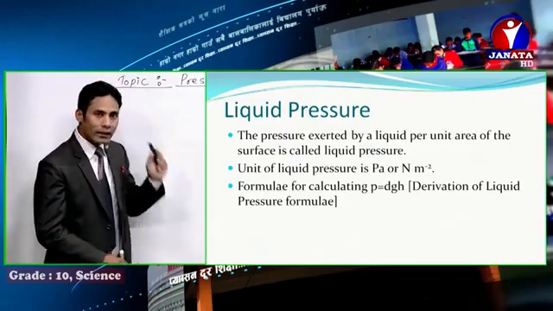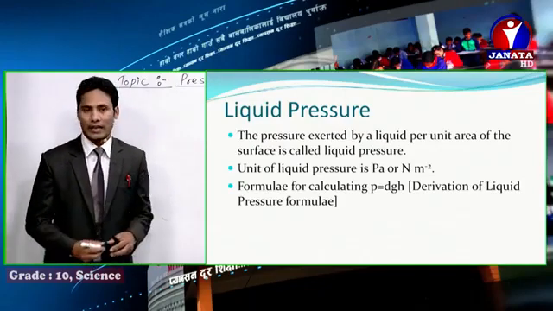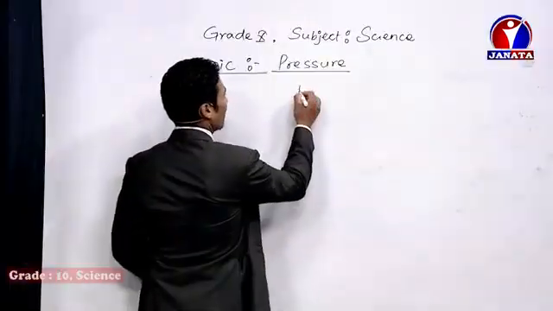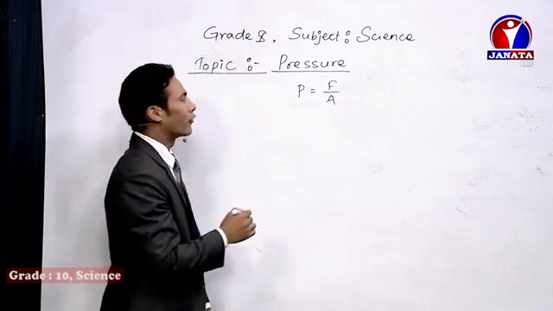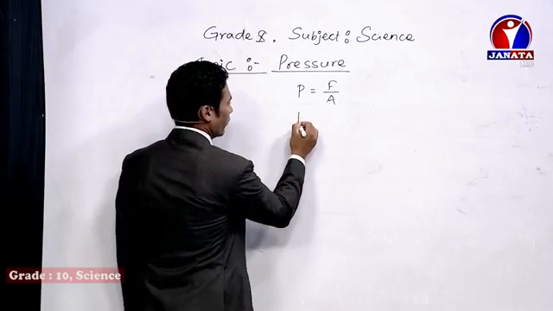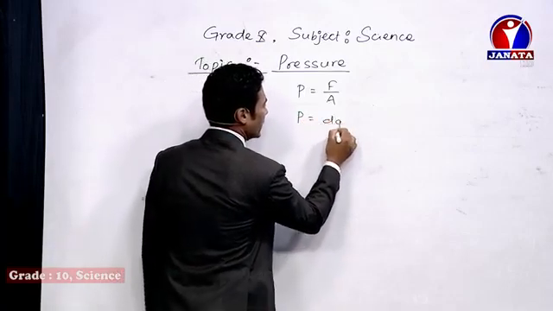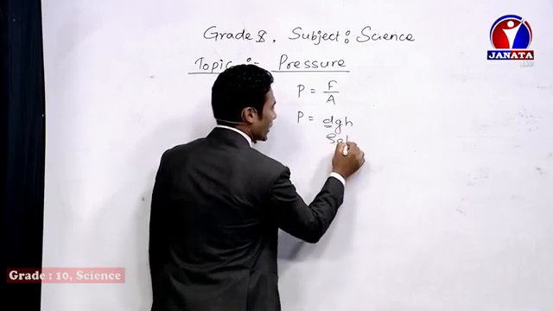And for calculating the liquid pressure, a modified formula is there. The pressure formula is P equals force per unit area, and for liquid pressure a new formula should be derived. So we write P equals d g h, and this can be written as rho g h also.